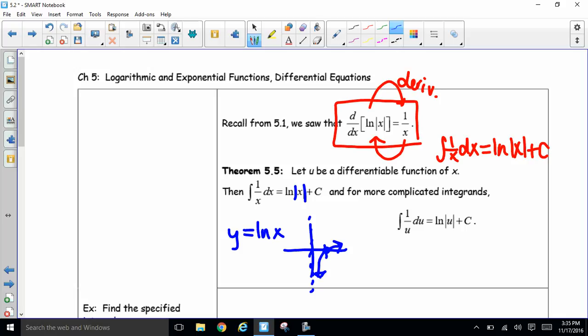The domain of natural log is all positive x's and moves forward. So it's really important that when we integrate, we ensure that the x we take the natural log of is a positive quantity. Then, if we see more complicated integrals, you're going to take a look at U substitution, so it will review chapter 4.